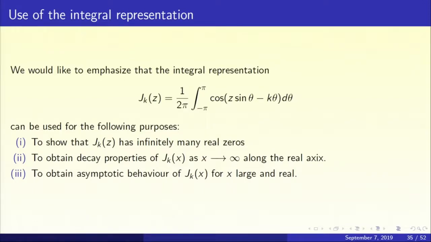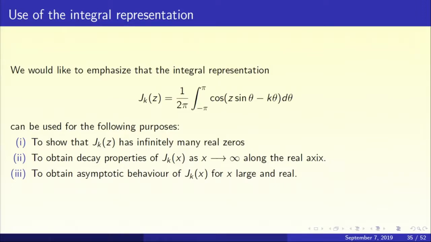What is the use of this integral representation? Of course, as I promised, we are going to give an application to a problem in celestial mechanics, but that apart, the integral representation can also be used for a variety of other purposes. Here I list 3 of them. First, to show that Jk(z) has infinitely many zeros on the real axis. The second use is to obtain decay properties of the Bessel functions along the real axis.